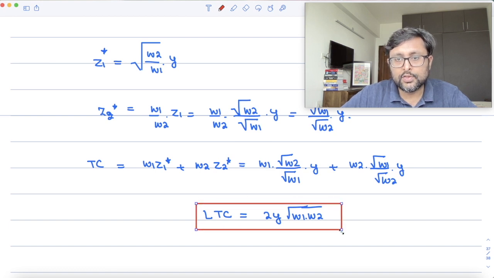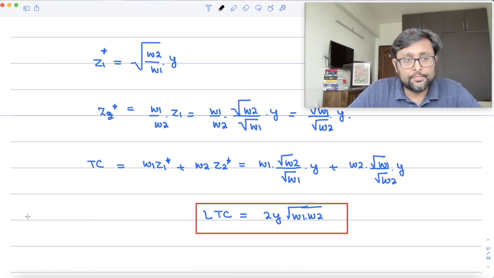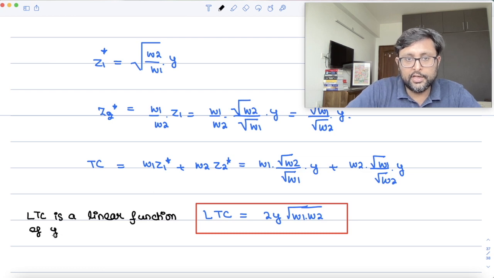And the beauty is, at least for this example, that this long run total cost function is a linear function of y.